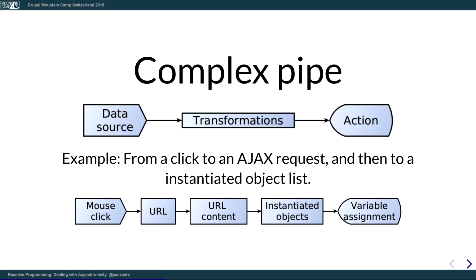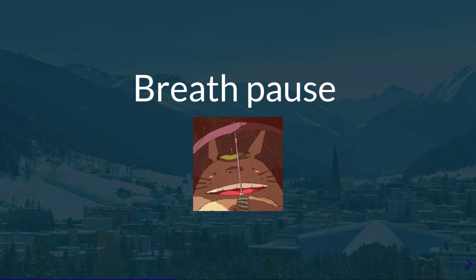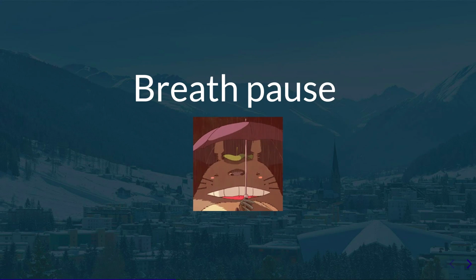What would be a complex pipe? This can be a complex pipe. You have a data source, different transformations, and an action. For example, when the user clicks a button, an Ajax request is made, then the data is retrieved, converted into instances, and then assigned to a variable.